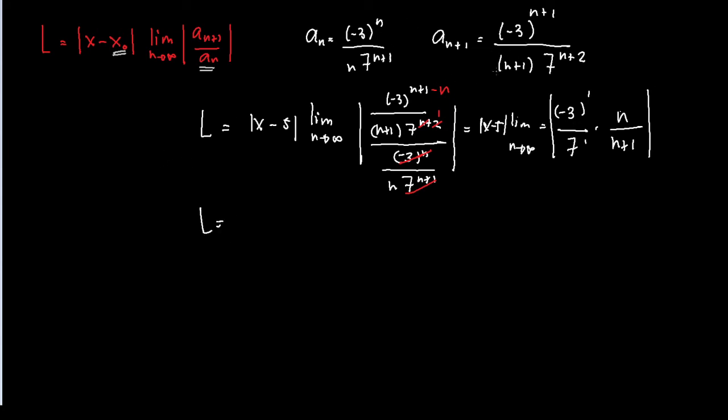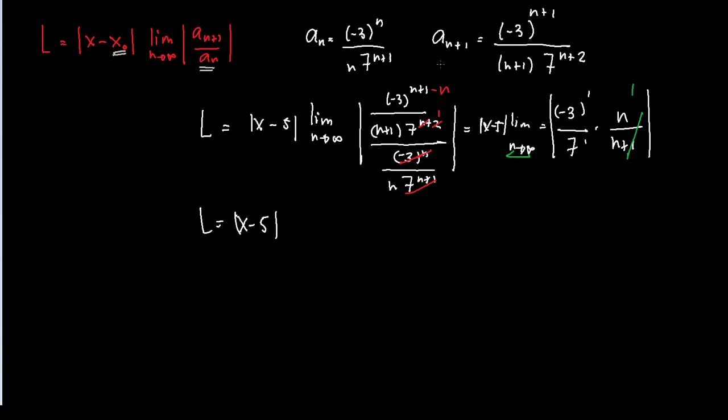Now, taking the limit as n approaches infinity would render this value equal to 1. And then what we're going to have is x minus 5. That's still absolute value since we do not know the value of x.